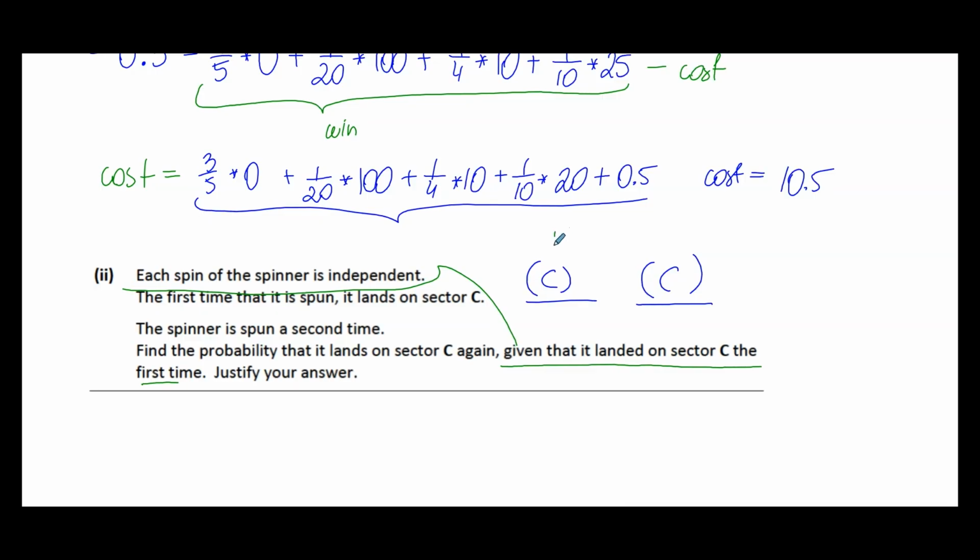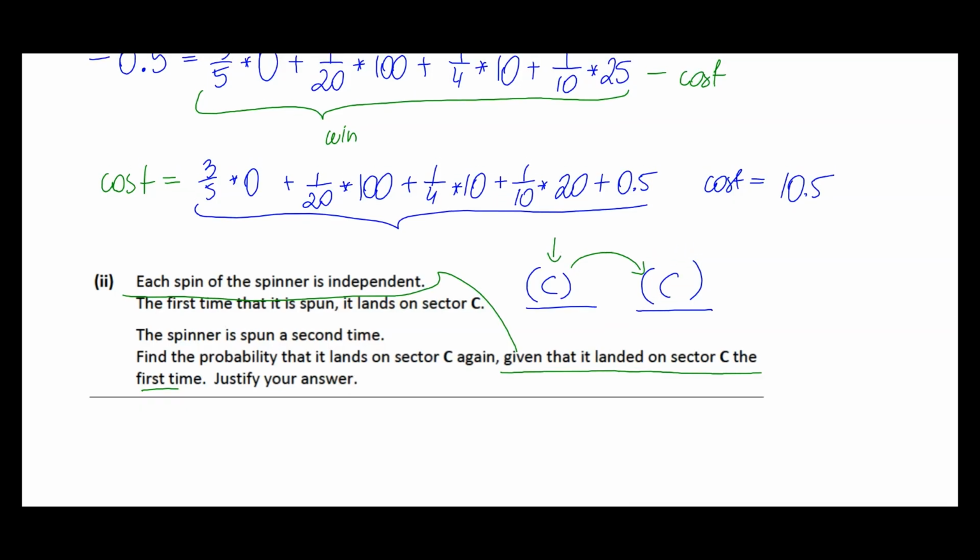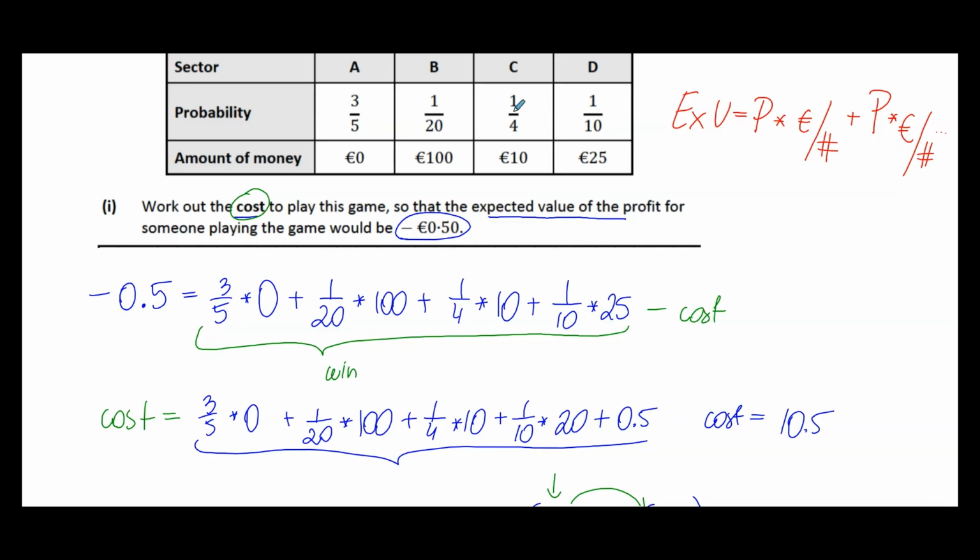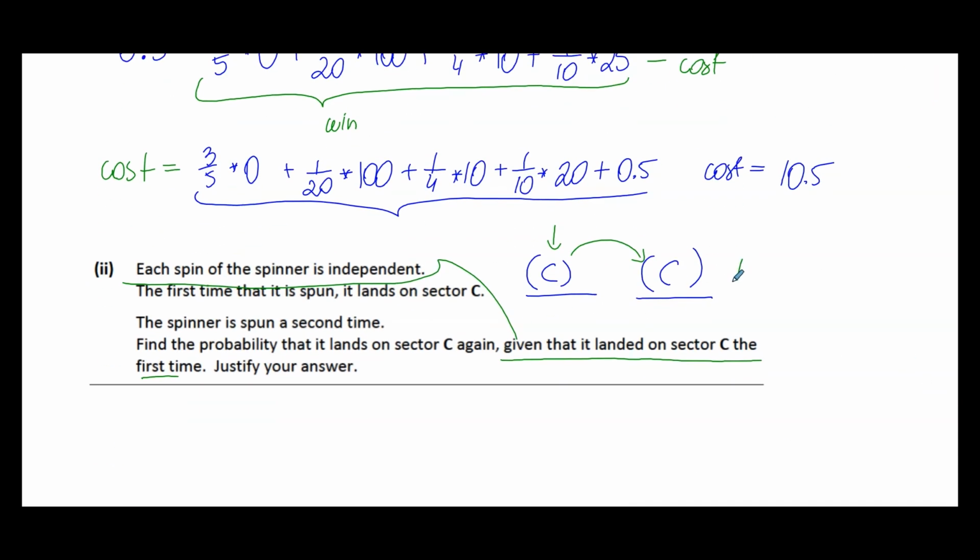The fact that the first time it landed on C has no influence over the next time landing on C. So therefore, the probability of getting C the second time is basically the probability of landing on C, which is 1/4. There is nothing that conditions the second landing on the first one, because each landing is independent.